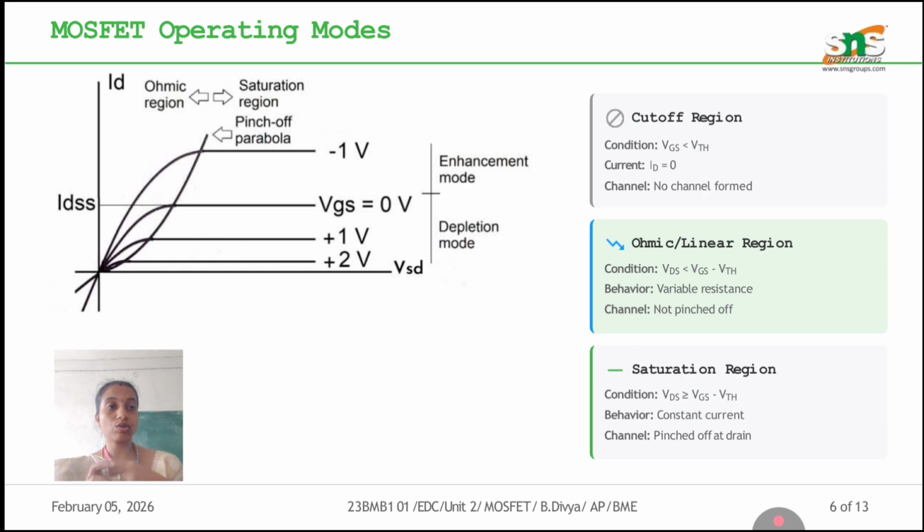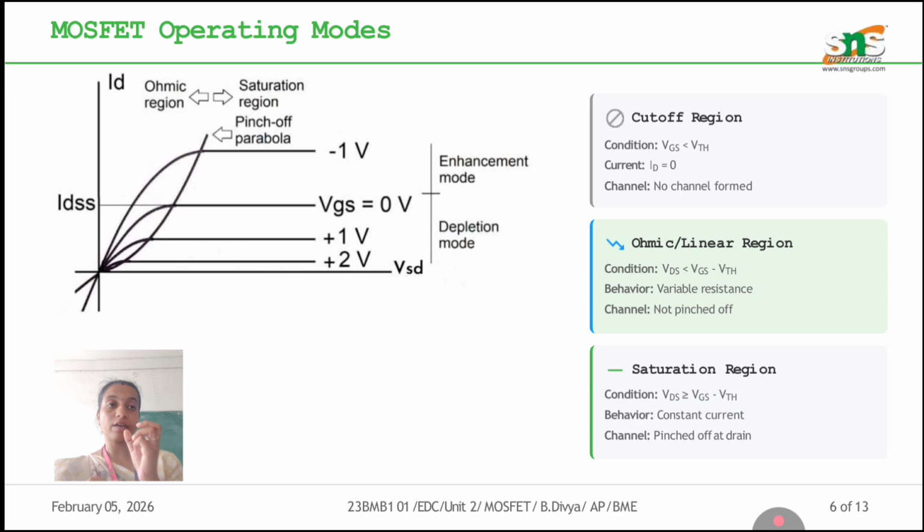Then what is the saturation region? It gets saturated where a higher amount of input, that is a higher amount of current or voltage, is given to the gate source voltage. The drain source voltage is larger than or equal to the gate source voltage minus the threshold voltage.